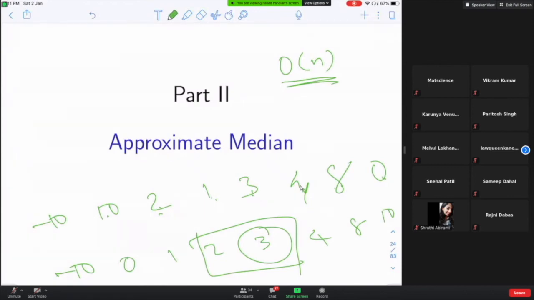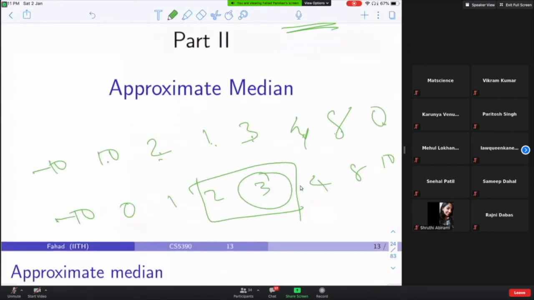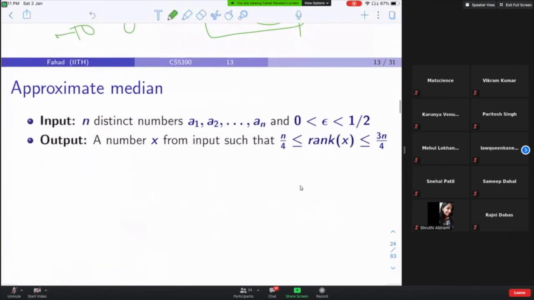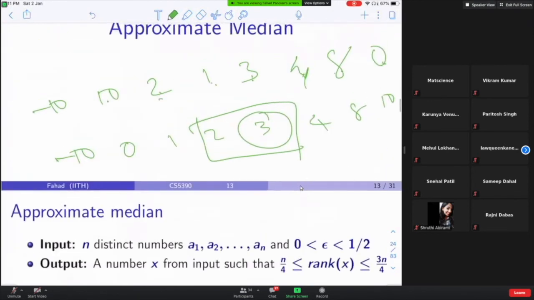So here we will see a very simple algorithm, but it will not give you the correct exact median. It will give you something in the following sense. Here the rank is n by 2, ceil n by 2 or floor n by 2.